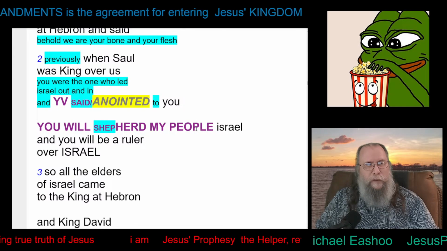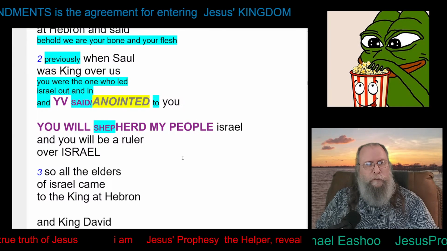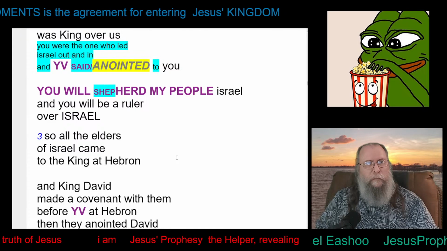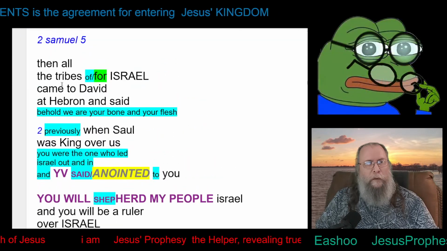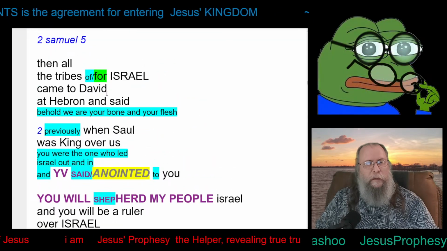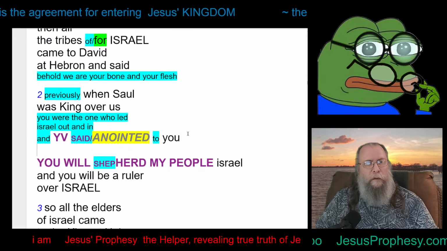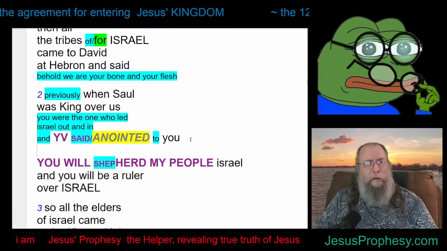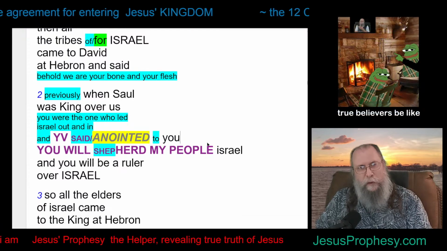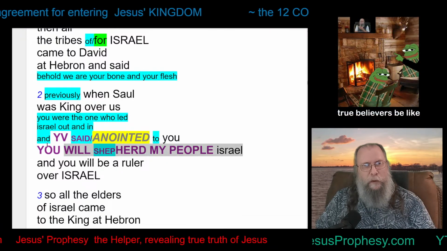I'm not liking this verse at all. Now, when all the tribes came here, let's see, this is kind of like if this was all gone.